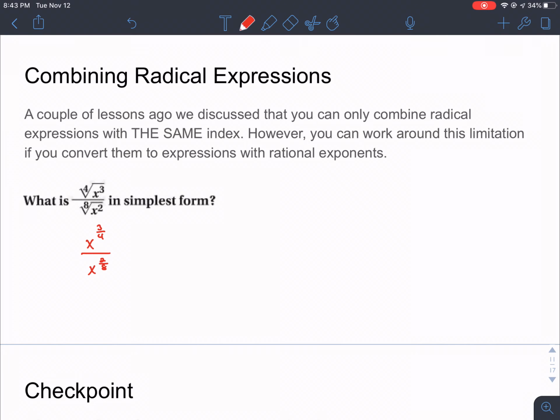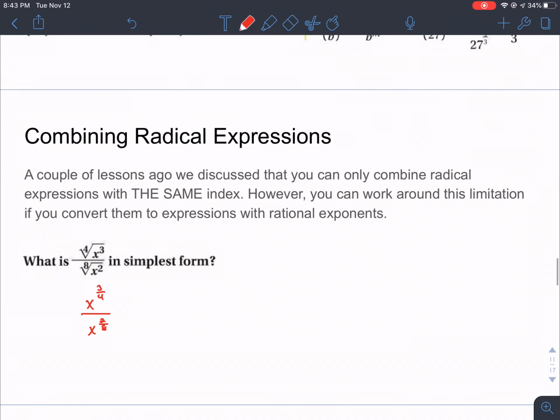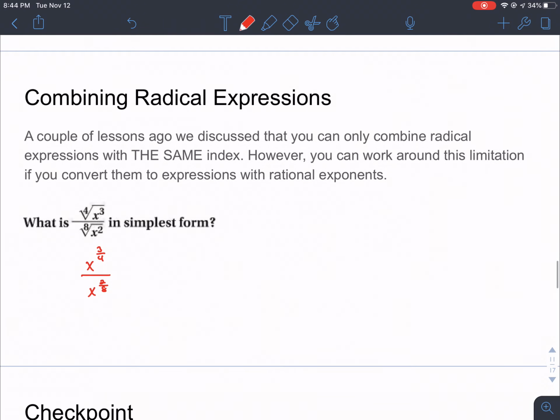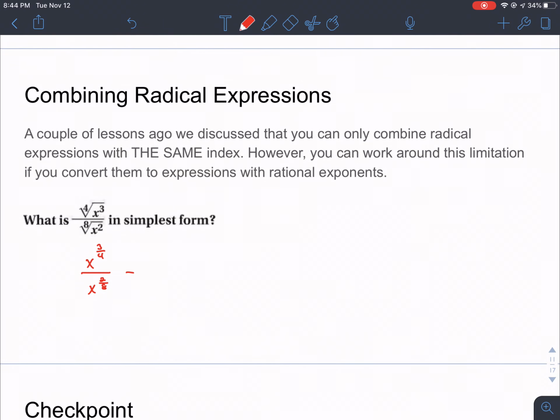Well, the good news is that we just talked about how to deal with this. We're dividing two things with different exponents, which means we can just subtract those exponents. So it's the same as saying x to the 3/4 minus 2/8.